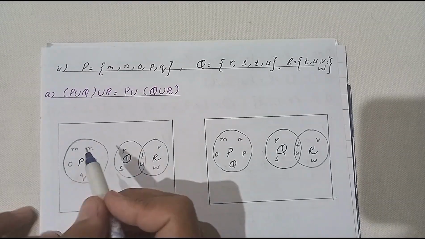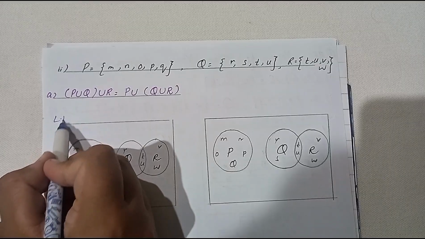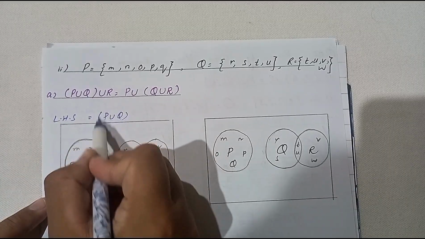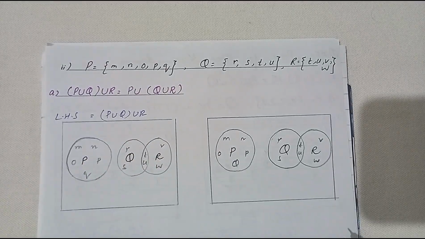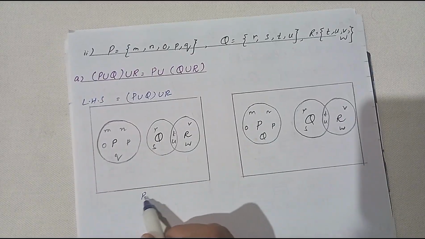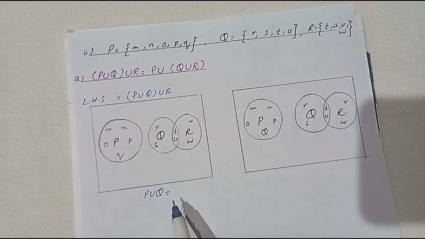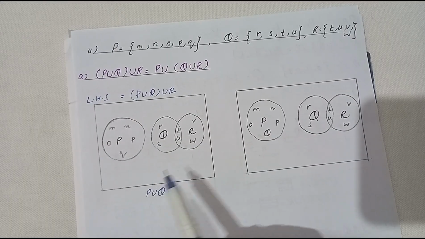So first we shaded the left hand side. In the left hand side, first we shaded the P union Q part. P union Q means, sorry, all parts of P and Q. All parts of P and Q are shaded.